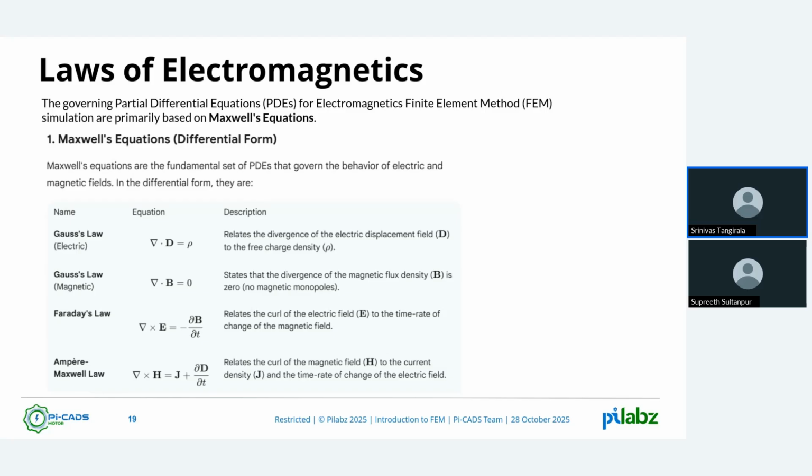The rate of change of one thing gives rise to the other quantity. The changing electric field produces magnetic field, changing magnetic field produces electric field. That's what these laws mean. That is the interpretation. So you just have to understand that. Supri, you can go to the next slide.